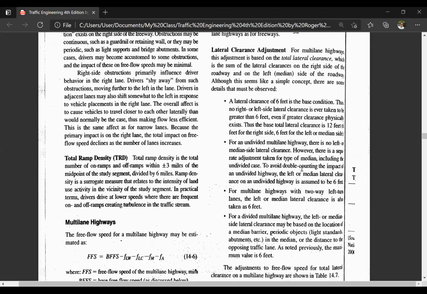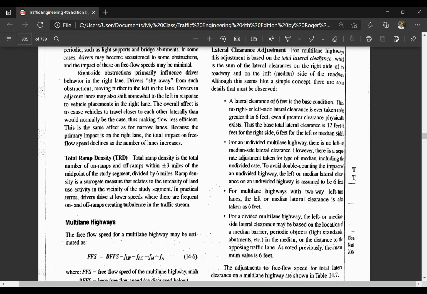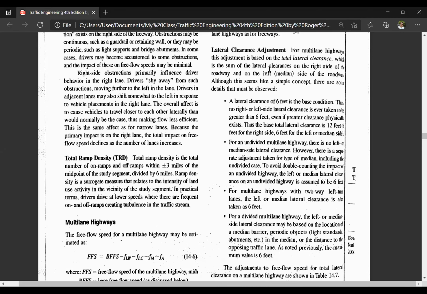But for the lateral clearance adjustment, this one, you look at it carefully. The multi-lane highway adjustment for lateral clearance is based on the total lateral clearance. That means both sides, okay? It's the sum of lateral clearances on the right and on the left.